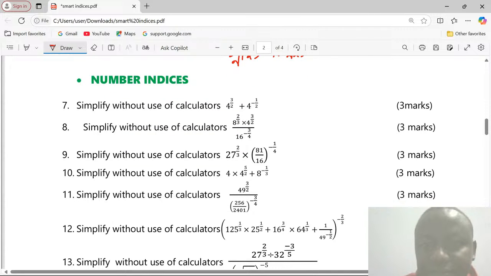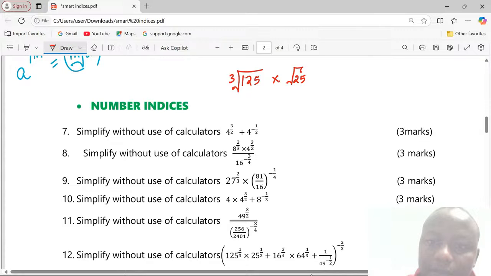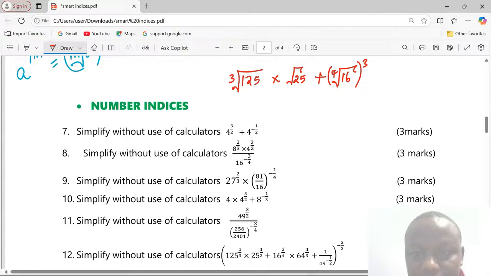Then plus, now for 16, which is raised to 3/4, we need the fourth root of 16, then everything raised to power 3, because the power there is 3/4. So the fourth root raised to power 3, multiplied by 64 to the power a third. So it means the third root of 64.